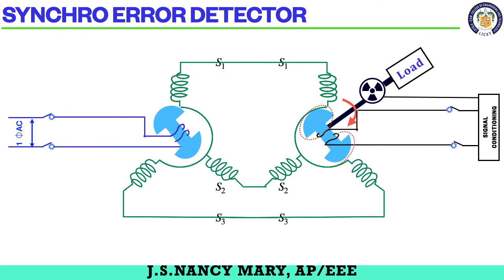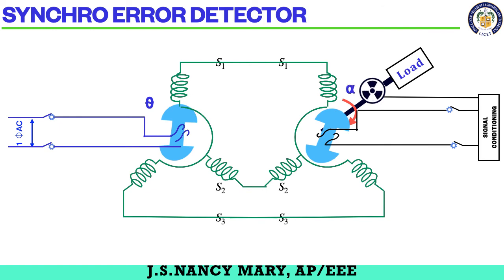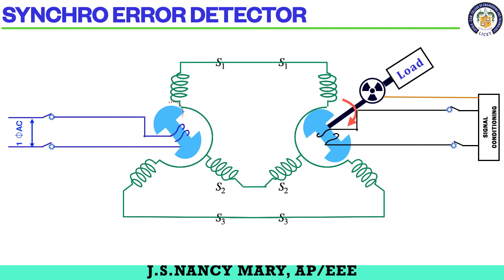So if the rotor rotates here, it will give the signal, and likewise the rotor rotates and that load is rotated, and the conditioning unit gives back the signal. So this is your synchro error detector.